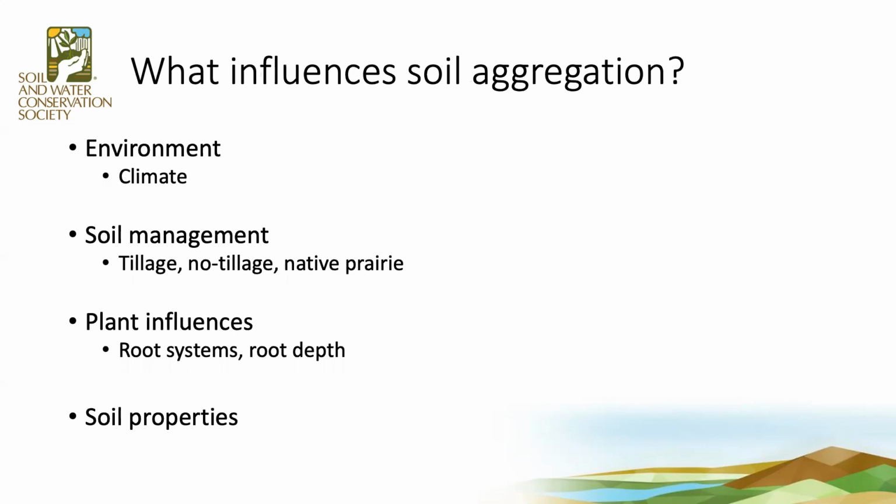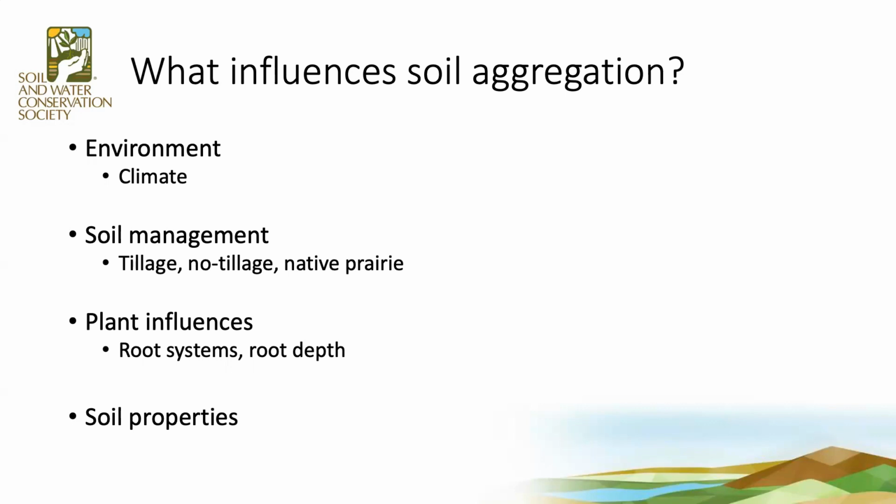And what influences soil aggregation? So we have the environment, the climate by itself has a huge influence on soil aggregation. We have years where we have a normal regime of precipitation, and we have years with drought. So it will have an impact on these soil characteristics. The soil management also plays a really important role in characterizing this soil aggregation, and a practice like tillage will break down this soil aggregation, and no tillage, for example, will protect this soil aggregation.